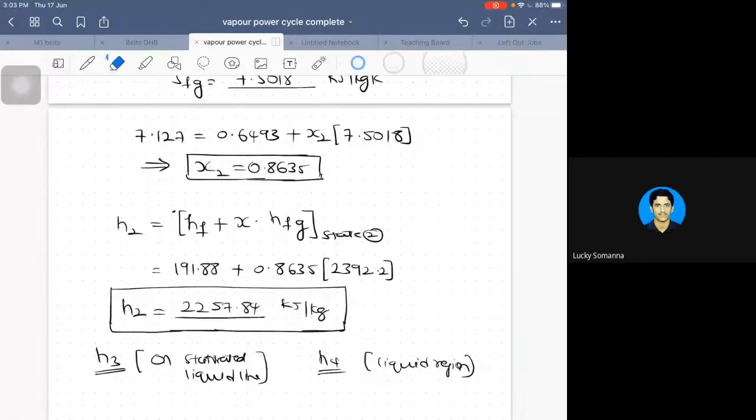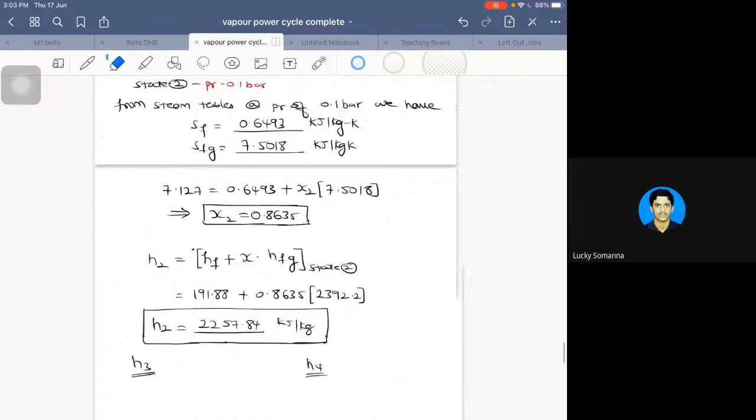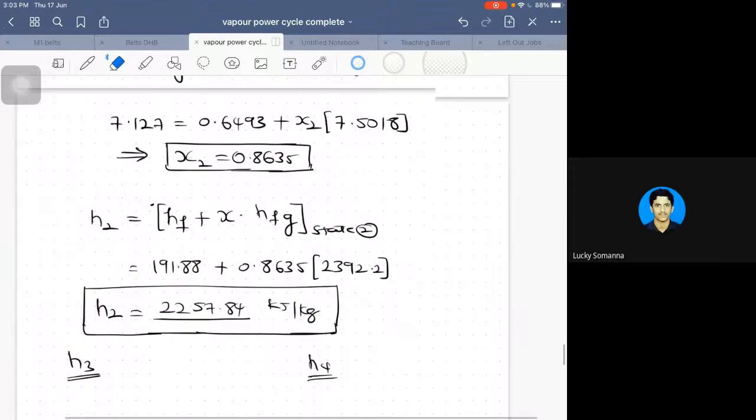So hf plus x into hfg. H2 is unknown. Okay, h2 is unknown. So that is why we have done all this.